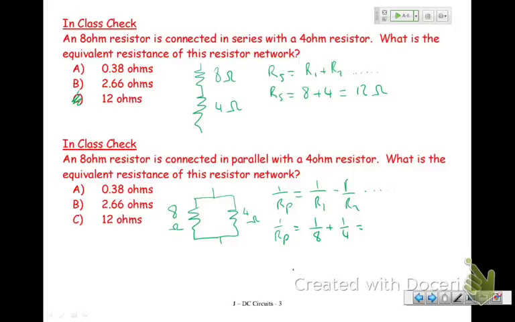Common base is 8. So 1 over 8 plus 2 over 8, which is 3 over 8. I can't tell you how many people will give me that as the answer. Rp is equal to 8 over 3, which equals 2.66 ohms.